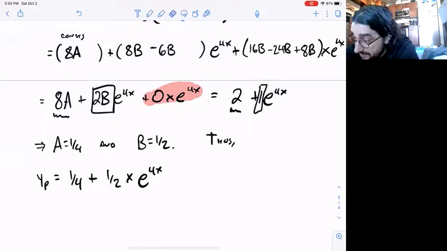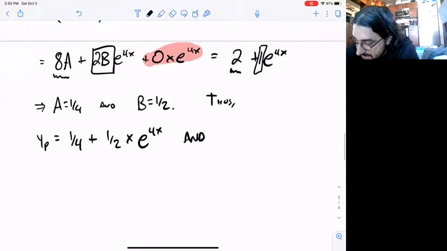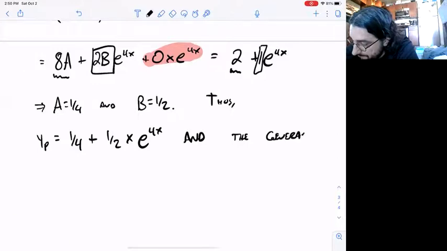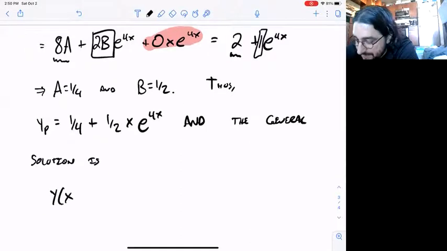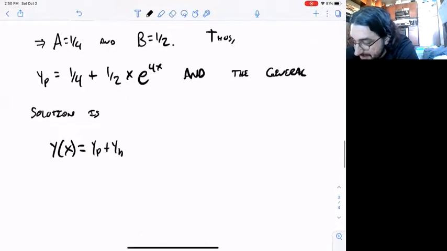And we now even know our general solution. The general solution to the whole differential equation, remember, is yp plus yh. We have all the information now.